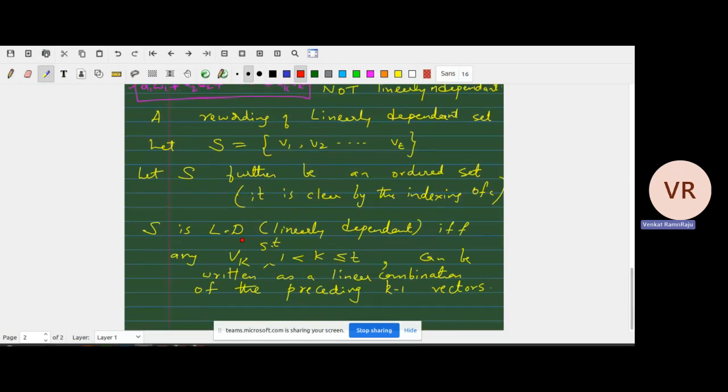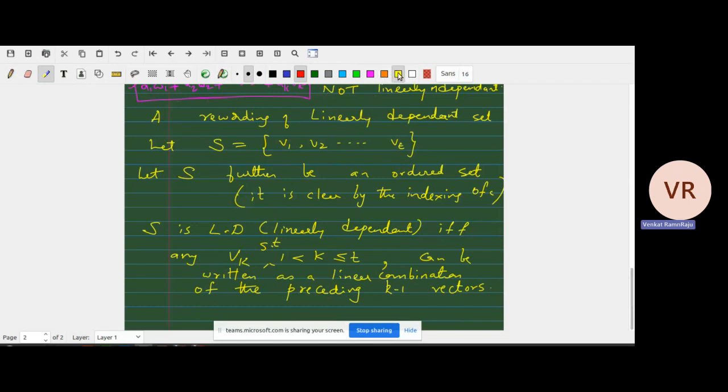So it is linearly dependent if and only if some vk, with k satisfying 1 less than k less than or equal to t, can be written as a linear combination of the preceding k minus 1 vectors. This can be rigorously proven: whenever we have a linearly dependent set, some vk can be written as a linear combination of the preceding k minus 1 vectors.